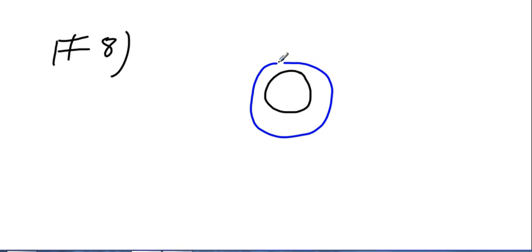Number 8: a ring of charge with a uniform charge density is completely enclosed by a hollow donut shape. Let's see if we can draw that. Here's a ring, and it has some charge density, and it is enclosed by some donut shape.